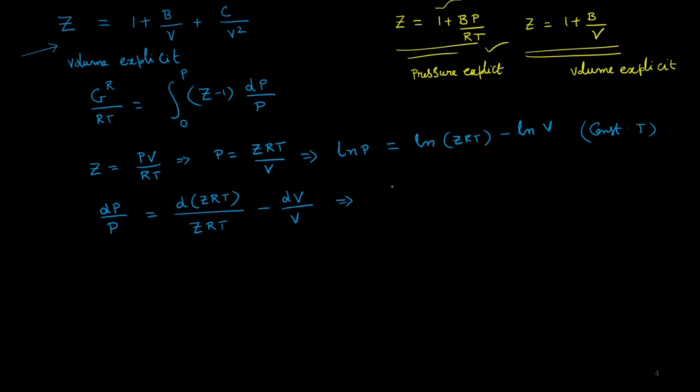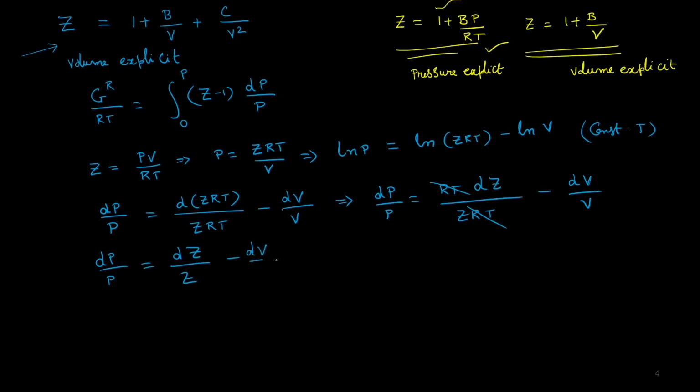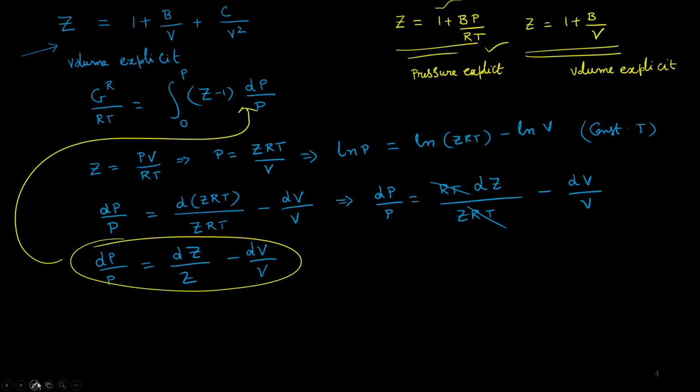And because temperature is constant, RT can come out, so what I have left then is dP over P is RT dZ over ZRT minus dV over V. So I can cancel these RT terms. So dP over P then turns out to be dZ over Z minus dV over V. So I can take this expression right here and put it back in that equation for GR over RT.